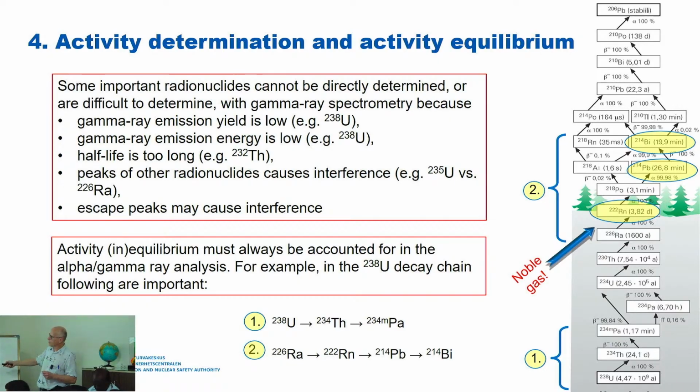Same thing holds here, but there is a problem. In some cases, I have noticed that, for example, plants may absorb thorium much more than uranium. So in the original state of the sample, there may be no equilibrium.